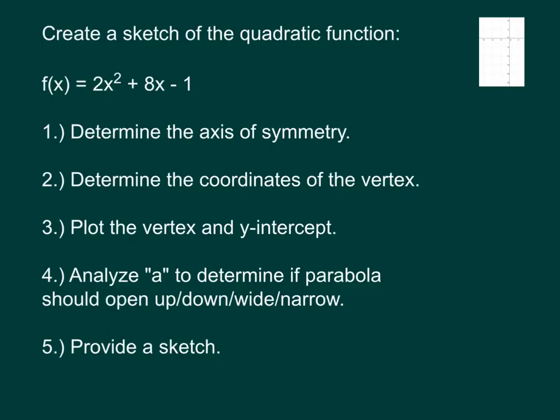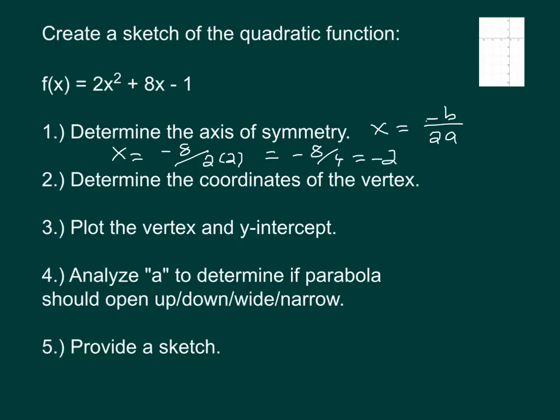So the axis of symmetry comes from the equation x equals negative b over 2a. In this case, my b is 8. My a is 2. So I'm looking at negative 8 over 4, x equals negative 2.